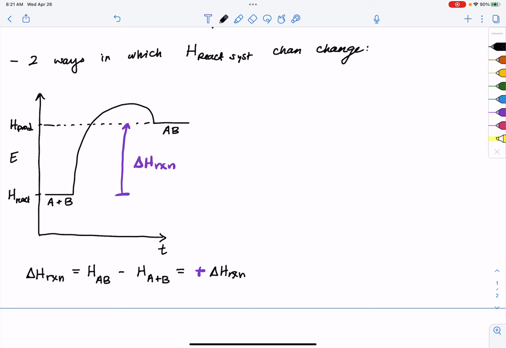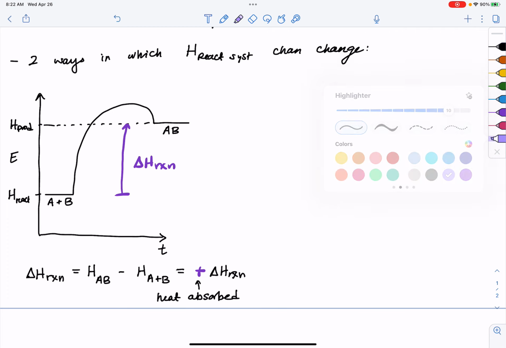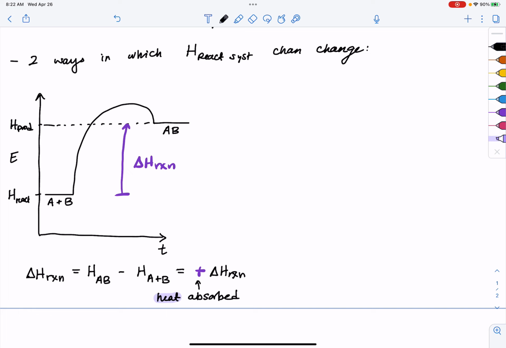And remember, this positive sign means that we've got energy, and if we're talking about enthalpy here, this means that we've got heat that is being absorbed. So in order for the reaction to happen, our system had to absorb heat from the surroundings. And we call this kind of process an endothermic reaction.